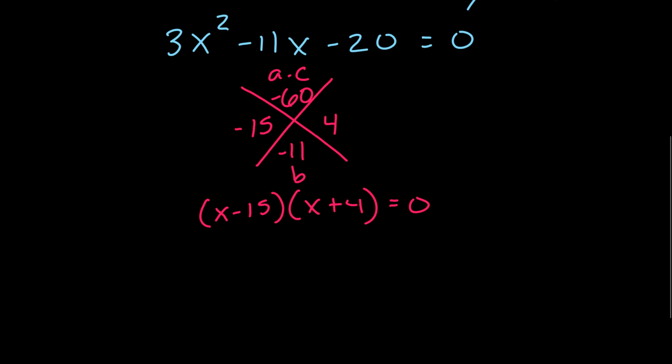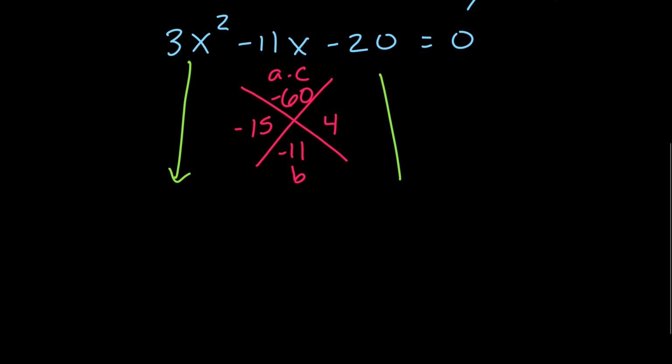Oh, what tells us what type of factoring we're doing here? You look at your very first variable, your x squared. If there's a coefficient on it, what do you do? Oh, you bring it down. You factor by grouping. So then we bring down the two numbers we found.